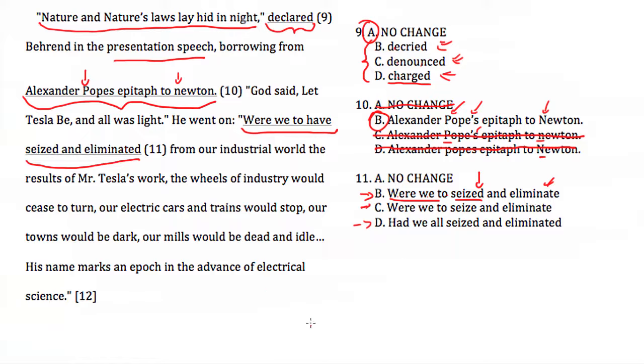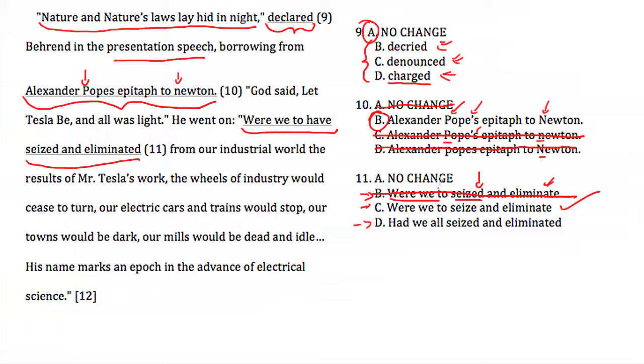That sounds awkward. It's grammatically incorrect, so B must be wrong. C. Were we to seize and eliminate from our industrial world the results of Mr. Tesla's work, the wheels of industry would cease to turn, our electric cars and trains would stop, our towns would be dark, our mills would be dead and idle. That one sounds pretty good. Everything in this sentence would be the same tense. C flows better than were we to have seized and eliminated.